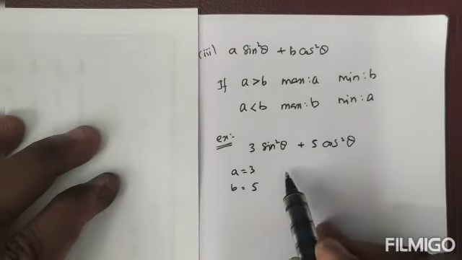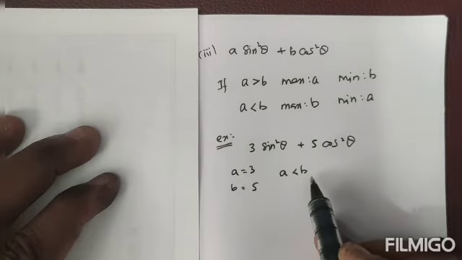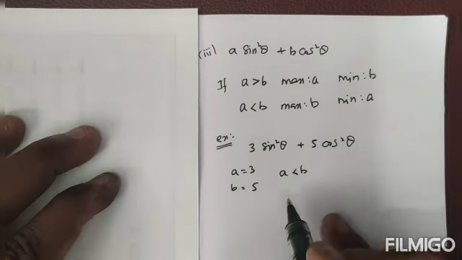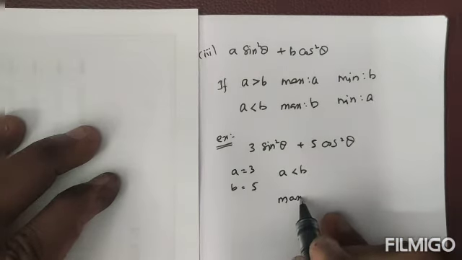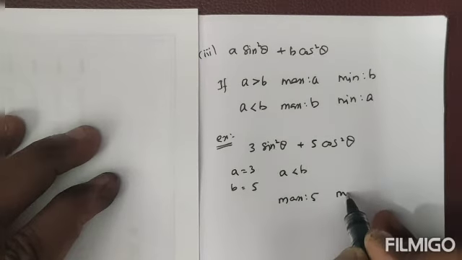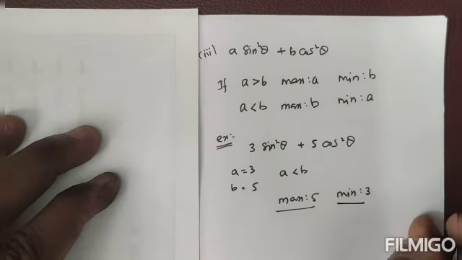So clearly a value is less than b because 3 is less than 5. Okay, so we want to write the maximum value. Here the maximum value is 5, then the minimum value is 3. So directly we can copy and write.